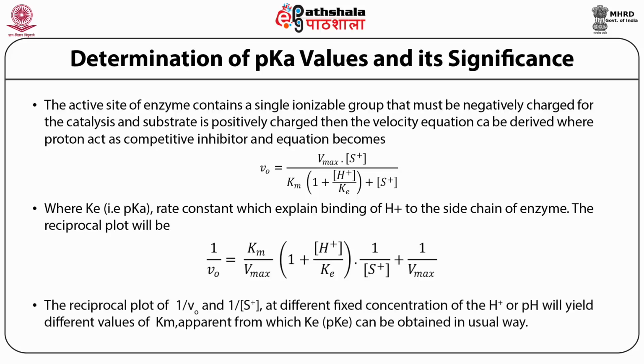Because this is a straight line equation, you can plot 1 by V0 versus 1 by [S+] at different concentrations of proton or pH, which will yield different values of apparent Km, from which Ke or pKe can be obtained, as we can obtain for a normal competitive inhibitor.